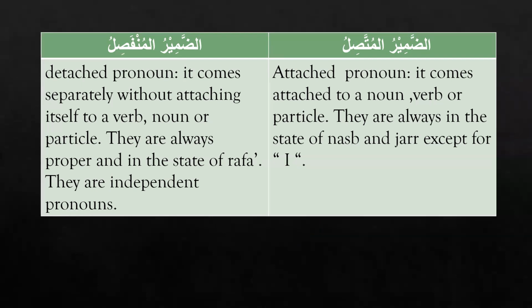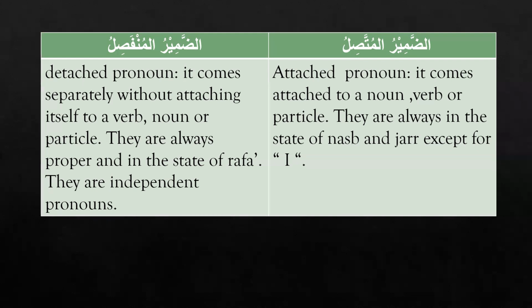That means they are marfu, and they are independent pronouns. Two main things about the detached pronouns are that they are marfu, always rafa, and they are proper. Again, then the Damir Muttasil, they are attached pronouns, and they can be attached to a noun, they can be attached to a verb.